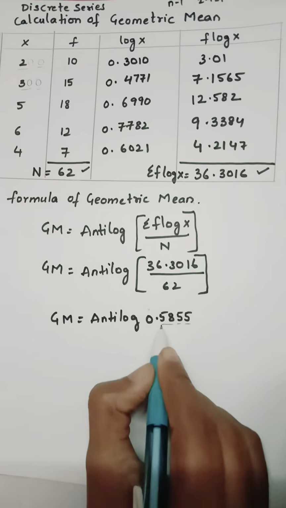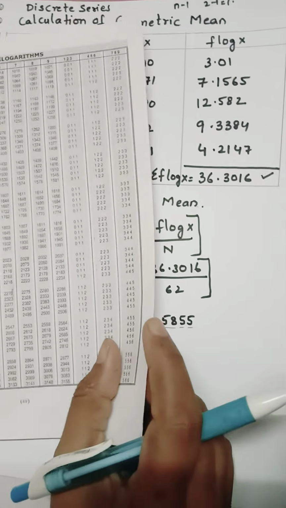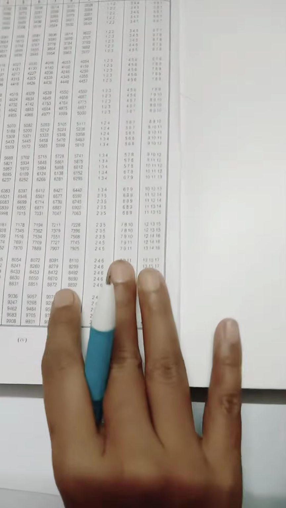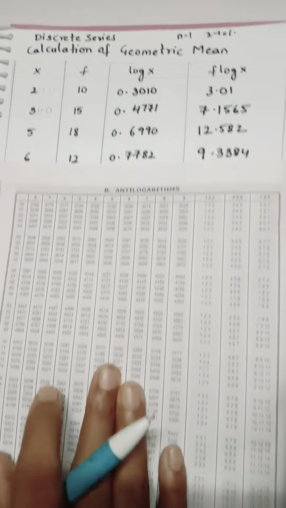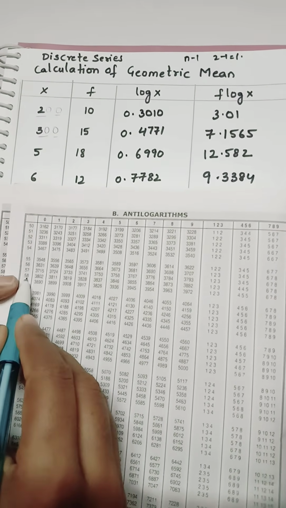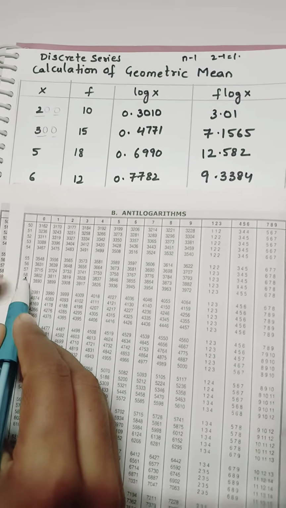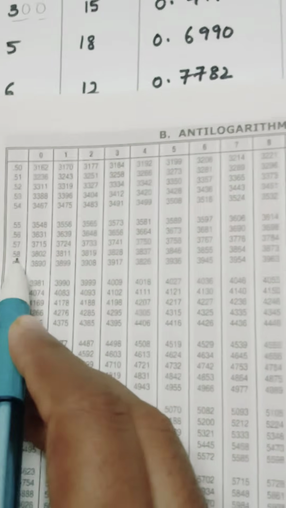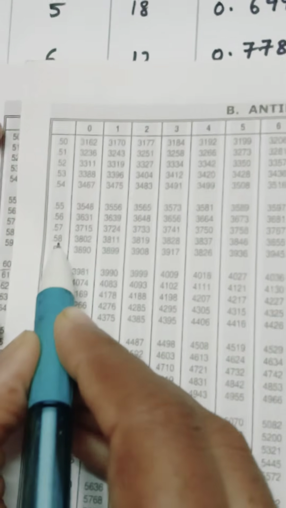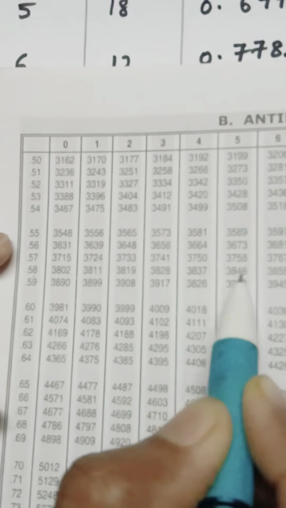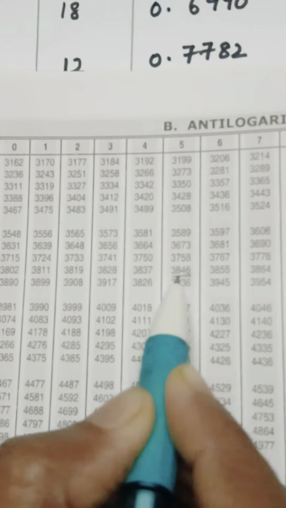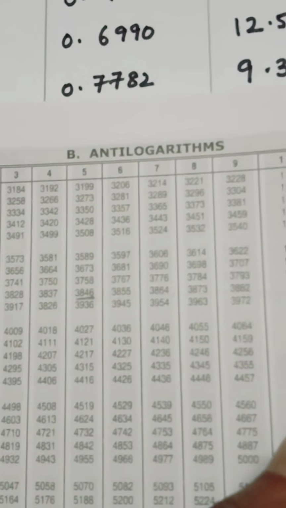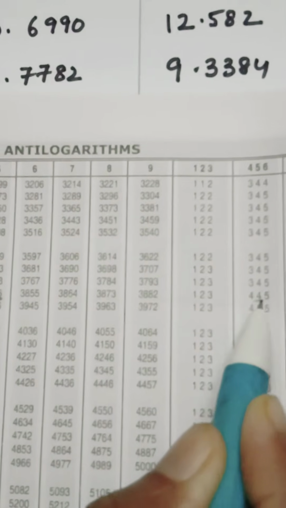Here 58 in the antilog table you have to take out. Where is the 58? Here it is. 58 at 5 is 3846, and the mean difference in the same line for the fifth one is 4.